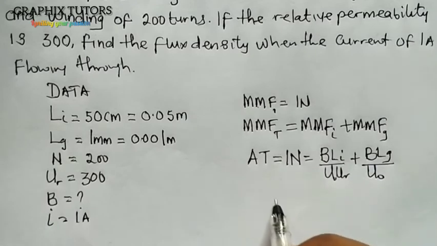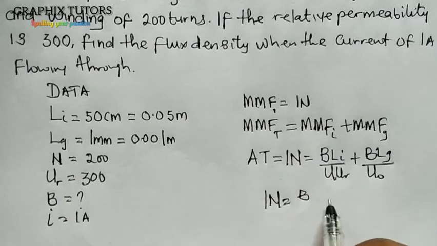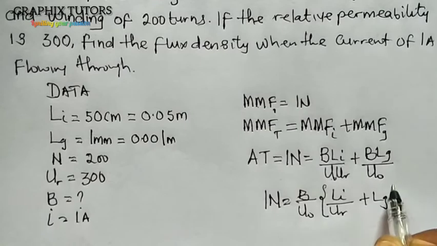Now if you factorize, my IN will be equal to what is common. I have B common here, and I have mu naught common also, into brackets, we have Li over mu r plus LG.